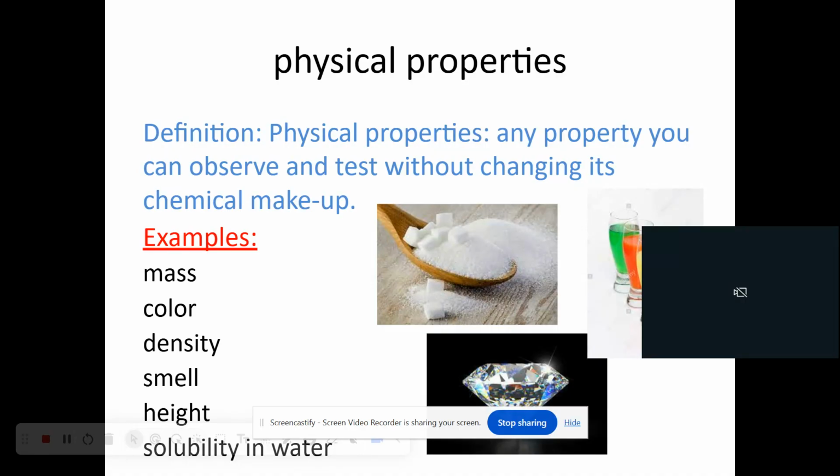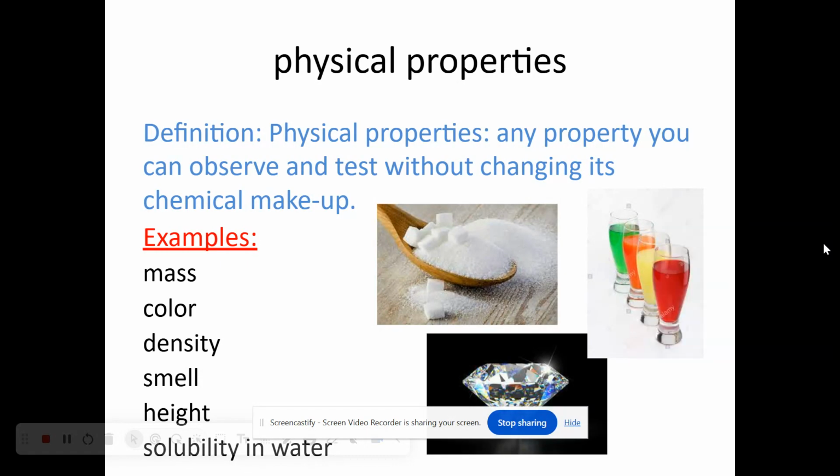So the physical kinds of things that you can describe, right? Something's mass, color, density, smell, its height or width or depth, so any of its dimensions, or its solubility in water. Those we would all call physical properties. All right?